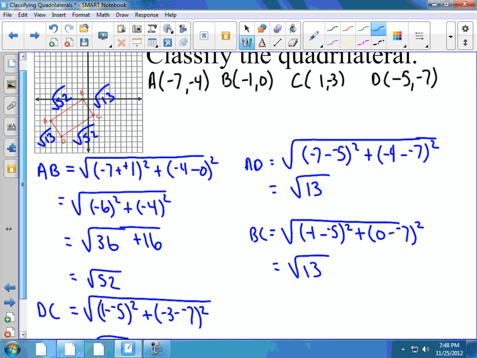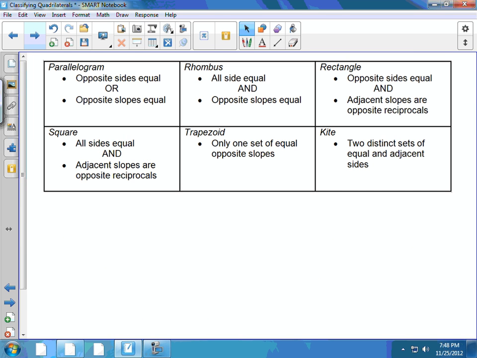So after we finish the distance formula, we can still check our matrix to see what possibilities we have here. Now, we do know that opposite sides are equal, so it could be a parallelogram. Could be a rectangle. Let's see here.